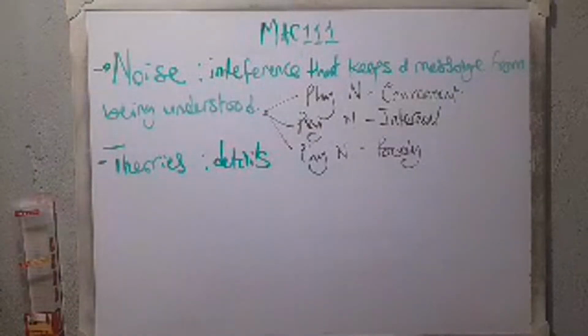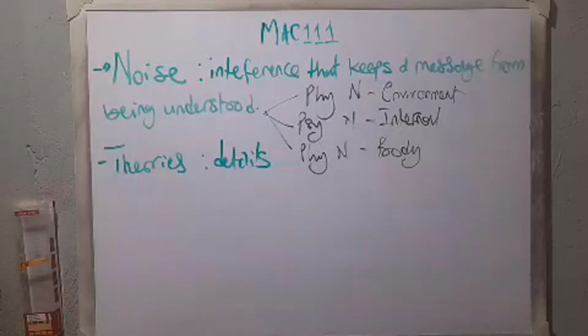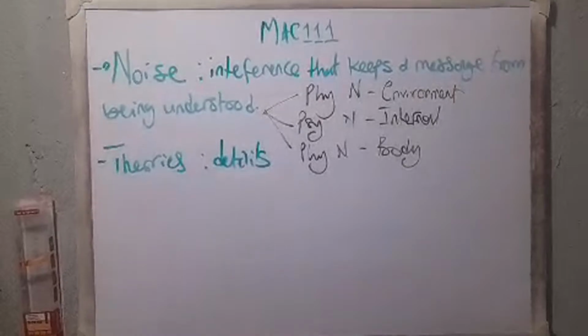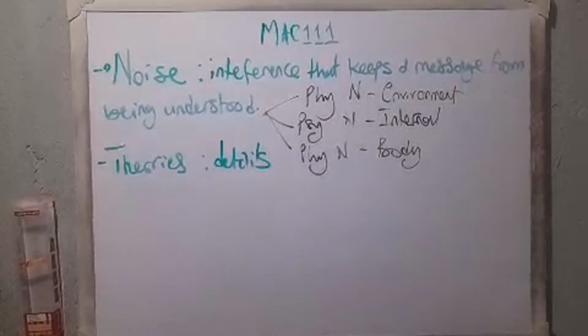So to start with is the normative theory. It is intentional about giving a proper description of the ideal way in which a media system should be structured and how it should be operated in order to get an anticipated result. This is the normative theory.